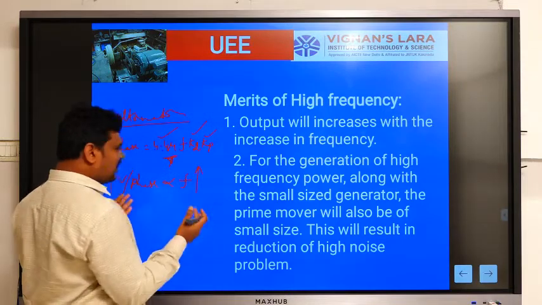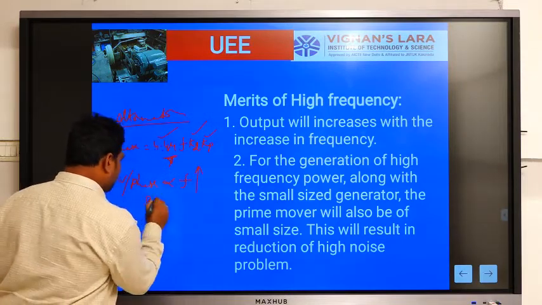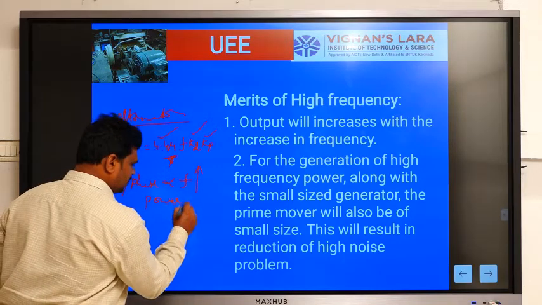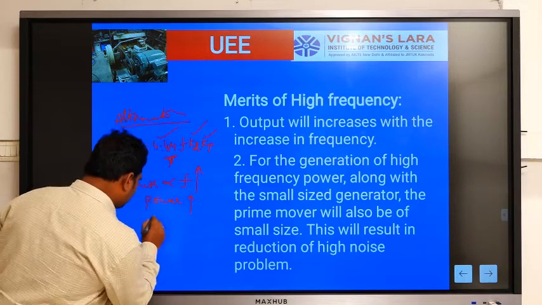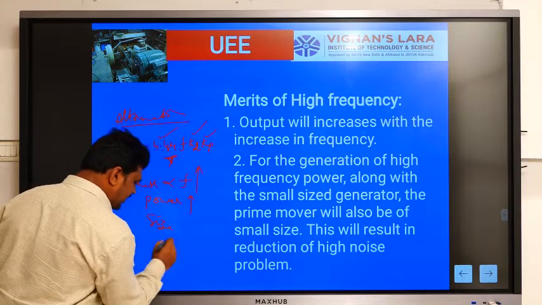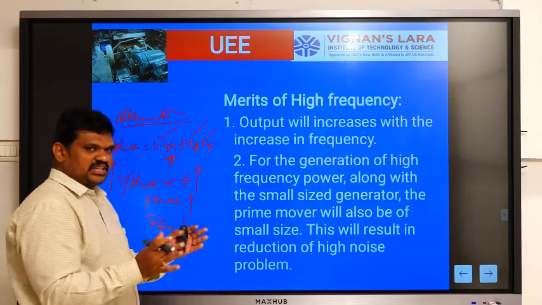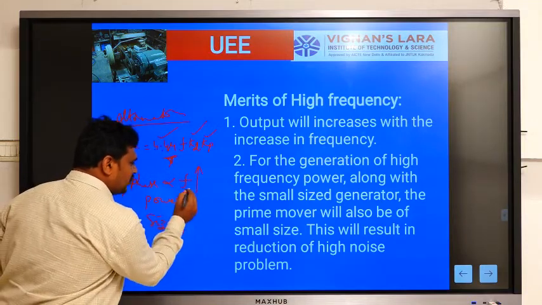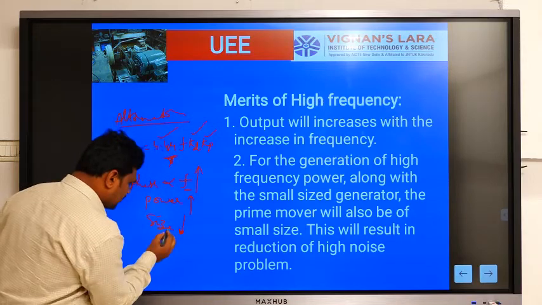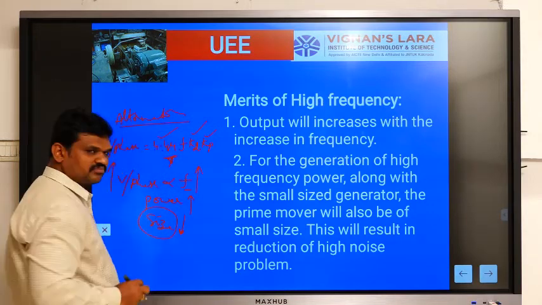When the generator voltage increases, its power will increase. So it means the size of the machine will decrease. If you increase the frequency, the size will be reduced.